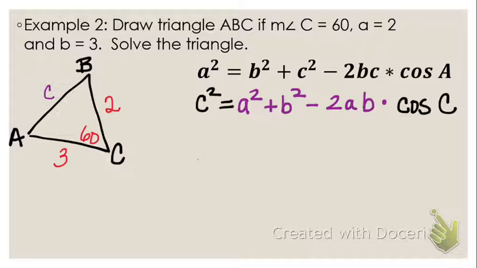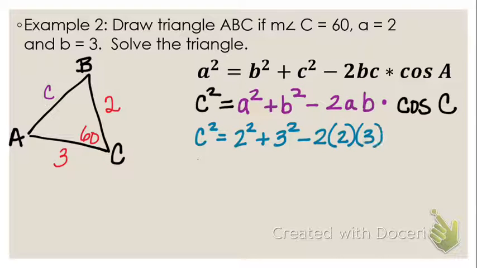So when we type this in our calculators, we have C squared equals A squared plus B squared minus 2 times 2 times 3 times the cosine of 60 degrees.